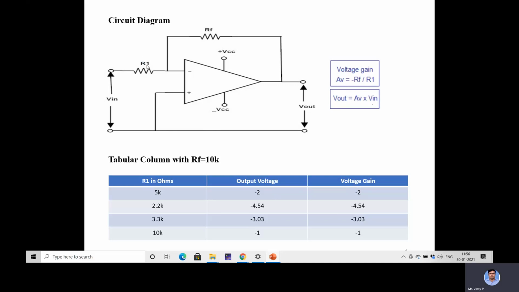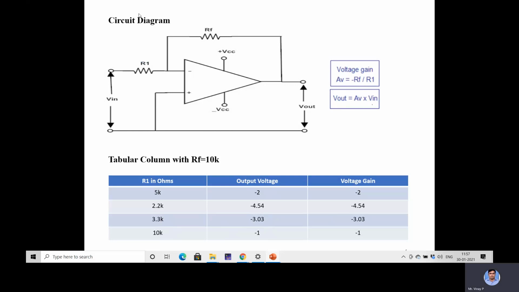Similarly, I'll change the values: R1 is 2.2 kilo ohm, then 3.3 kilo ohm, and 10 kilo ohm. The corresponding output voltage is minus 4.54, and the gain is also minus 4.54. Similarly, if I connect R1 as 3.3 kilo ohm, the answer will be minus 3, and if it is 10 kilo ohm, the answer is minus 1.